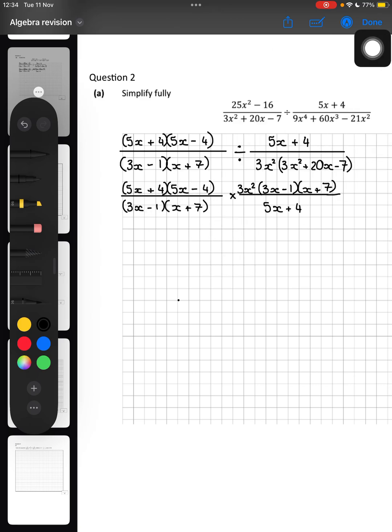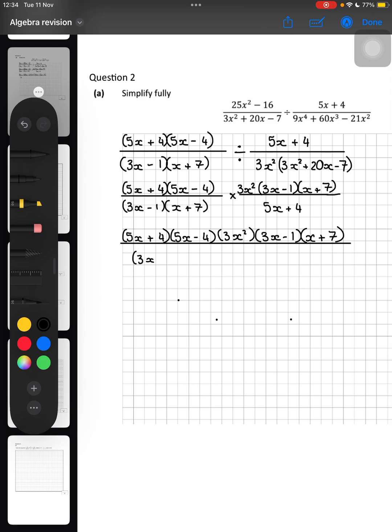If I want it really super clear, then I'll write it as 5x plus 4 by 5x minus 4 by a 3x squared by a 3x minus 1 by an x plus 7, and that's going to be all over 3x minus 1, x plus 7, and by 5x plus 4.